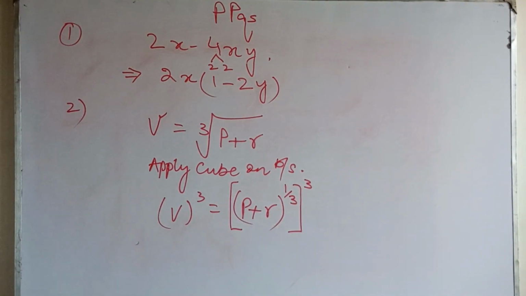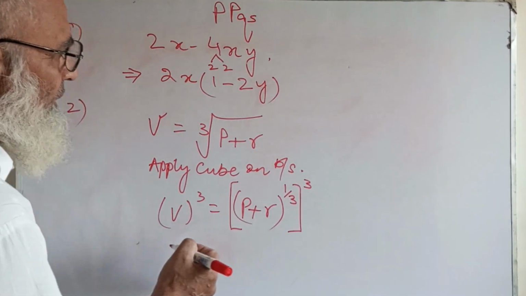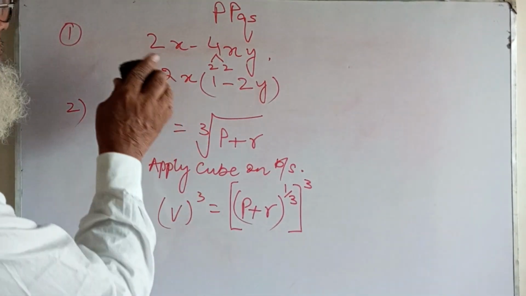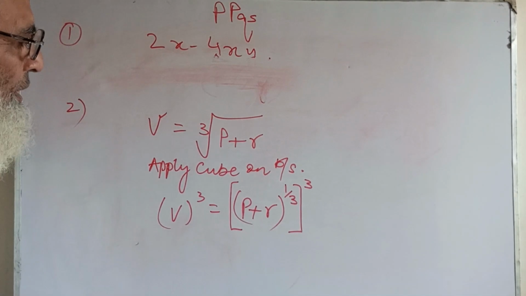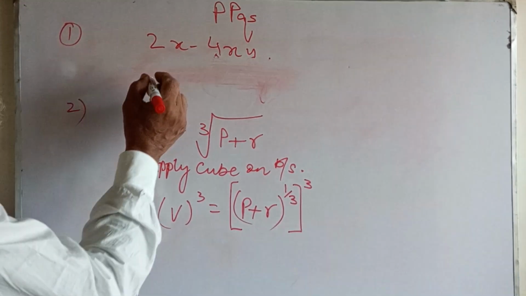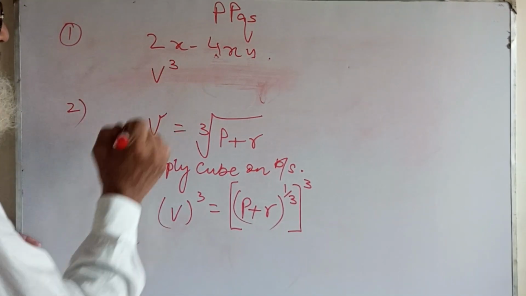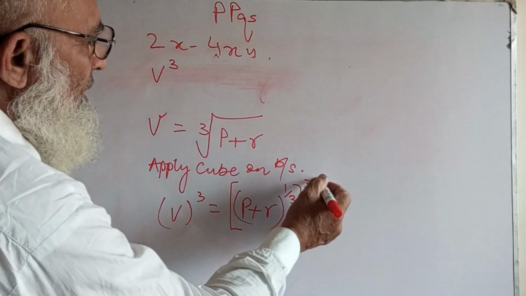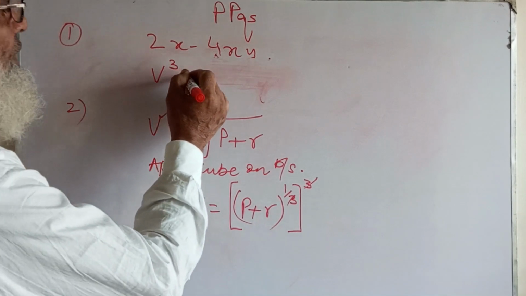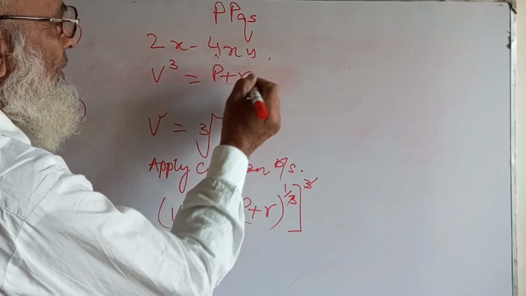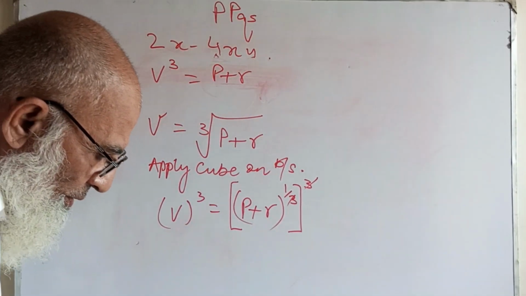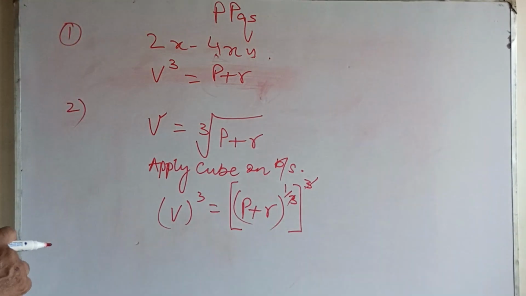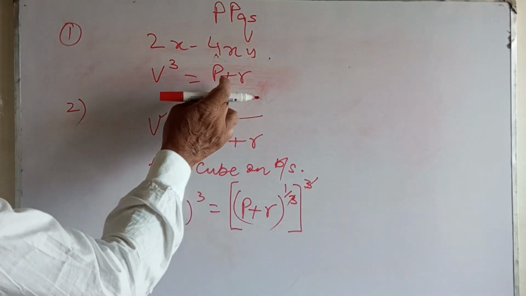Now this will be changed into V cube, and the cube cancels the one-third power, and it becomes P plus R. Now we have to make R the subject.